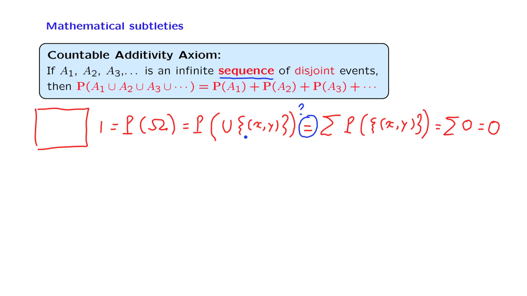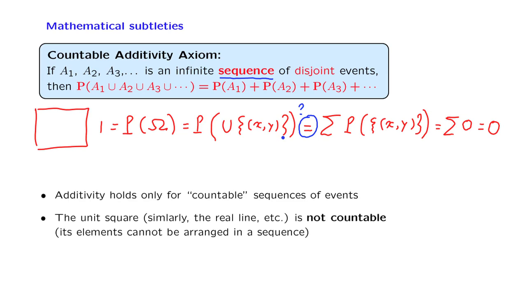And this is not what we have here. This is not a union of a sequence of single element sets. In fact, there is no way that the elements of the unit square can be arranged in a sequence. The unit square is said to be an uncountable set.